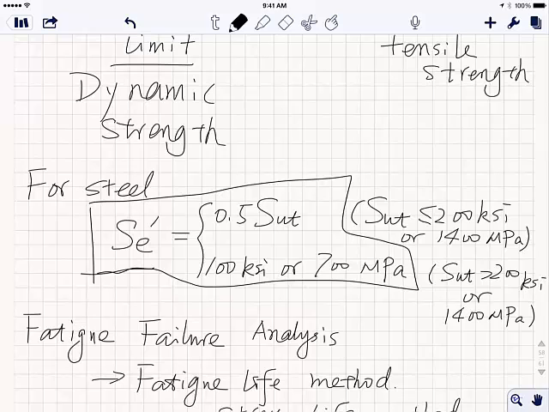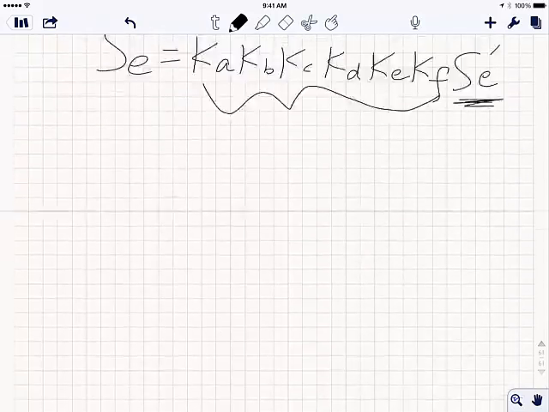Then by considering all these modification factors, you can get a modified, in other words more realistic, endurance limit. Next, we're going to look into these 6 parameters one by one.